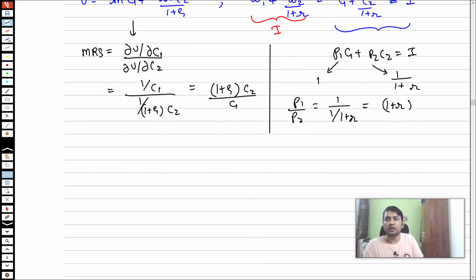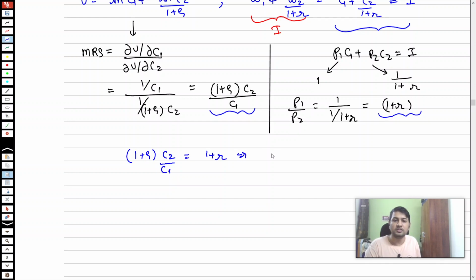Now utility maximization implies that MRS must be equal to the price ratio. So (1 plus rho) into C2 by C1 must be equal to 1 plus R, which implies that C2 by C1 must be equal to 1 plus R upon 1 plus rho.